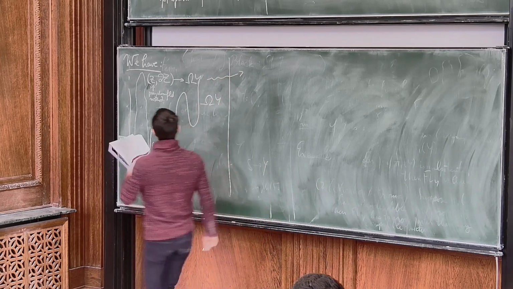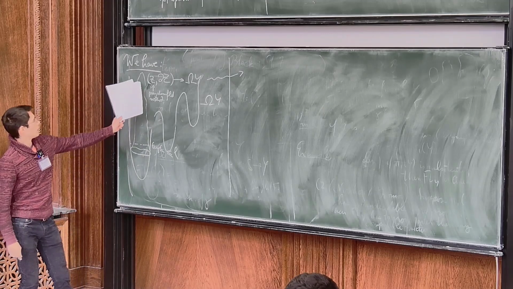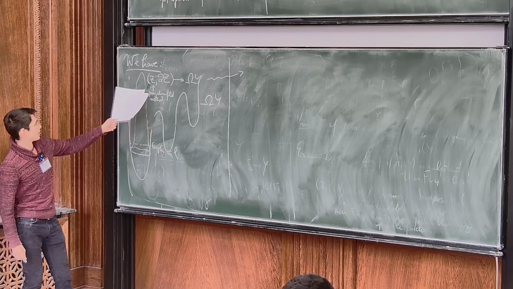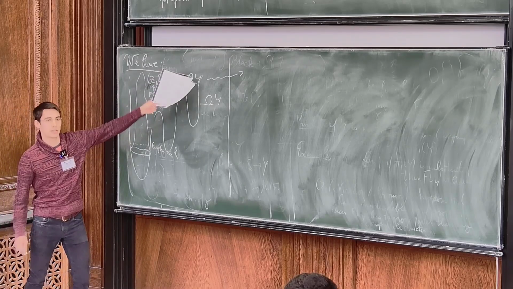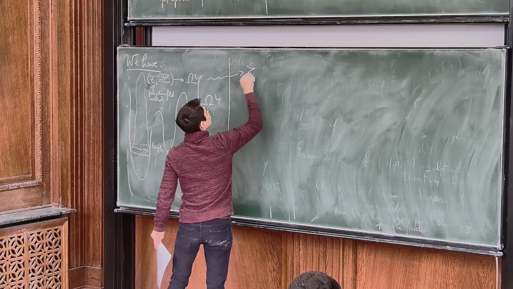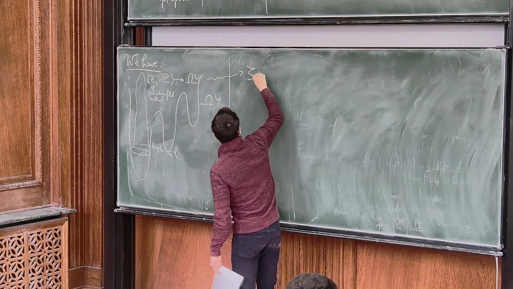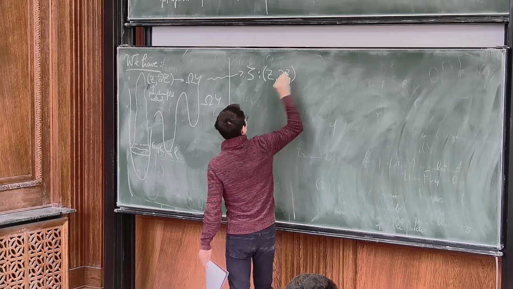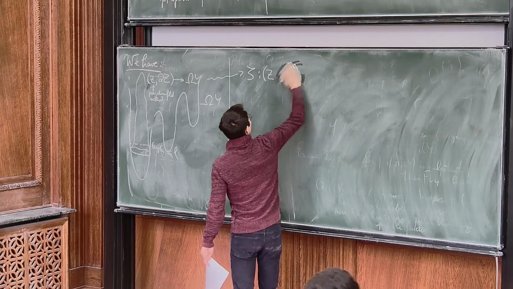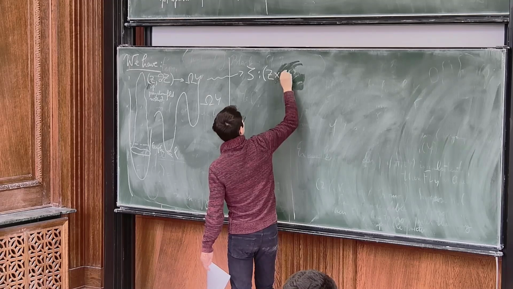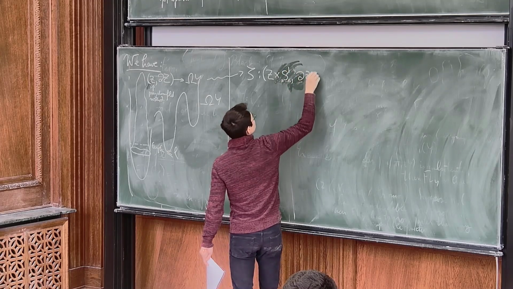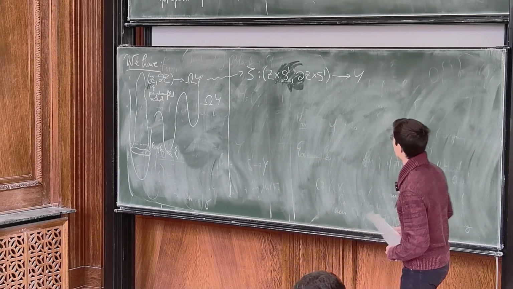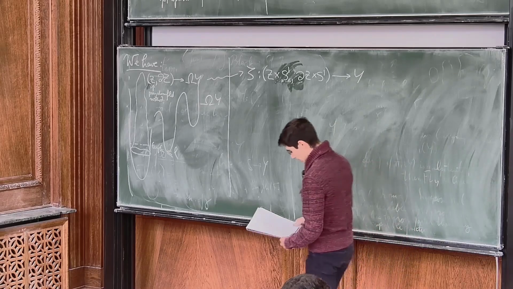So you're mapping from this object to loops. You might as well think of this as mapping from the object cross S1 to Y, right? So let me say I have this map zeta, a map like this, right?